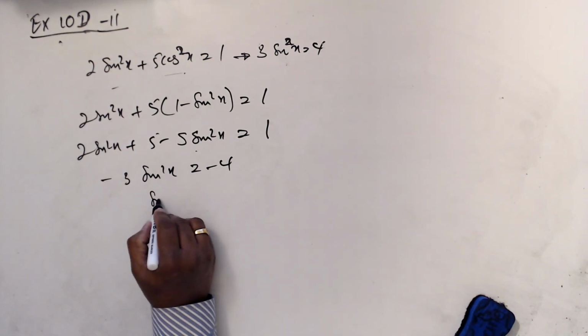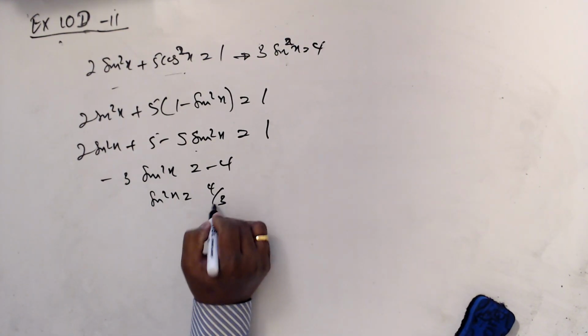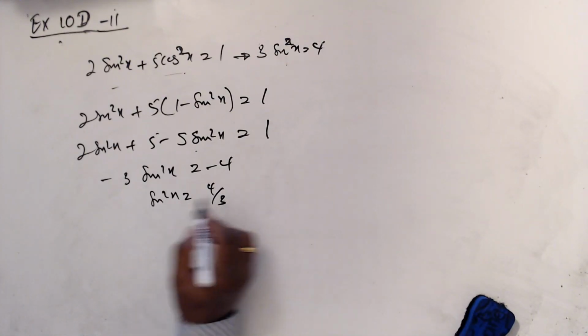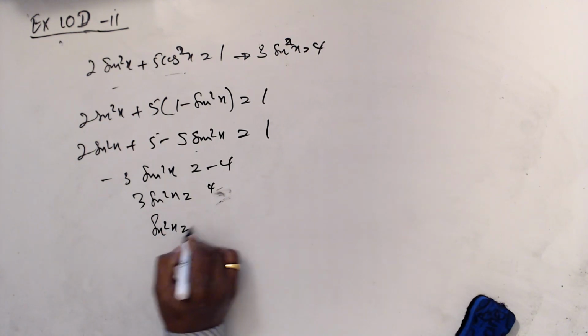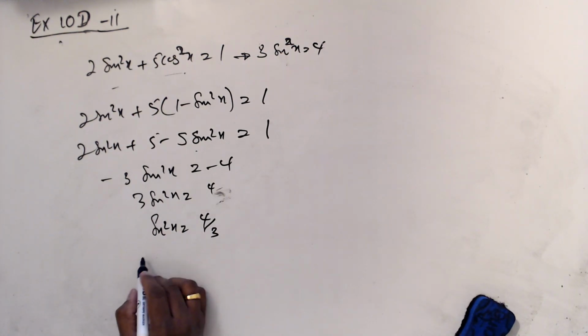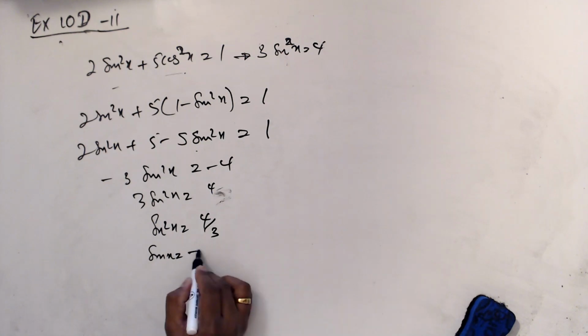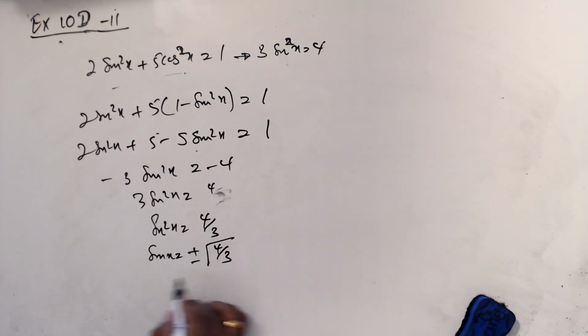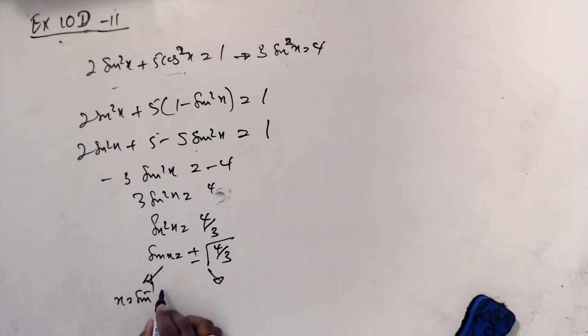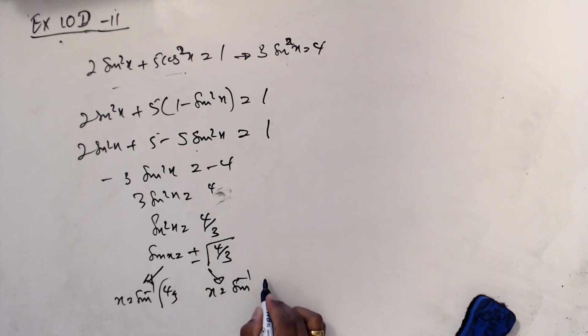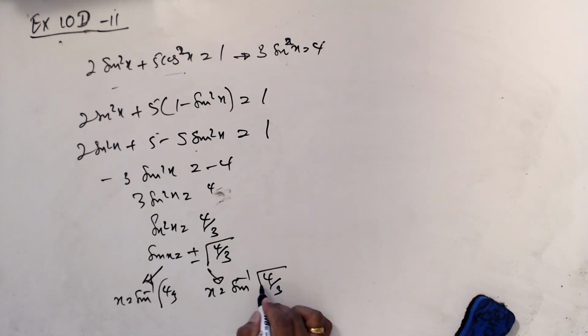So 3 sine square equal 4. So sine square equal 4 over 3. It means sine x equal plus or minus square root 4 over 3. Two sets of answers. So x equal sine inverse square root 4 over 3. Another one is x equal sine inverse negative square root 4 over 3.